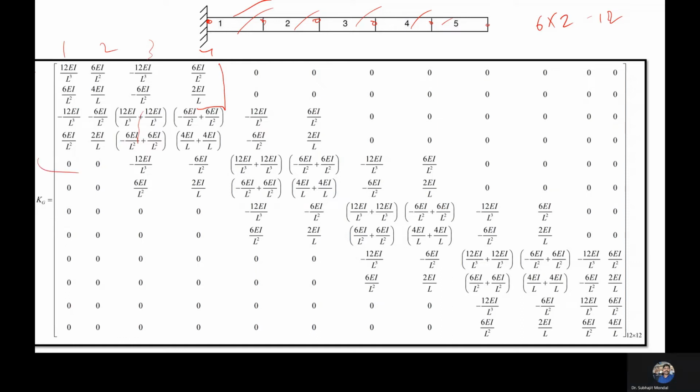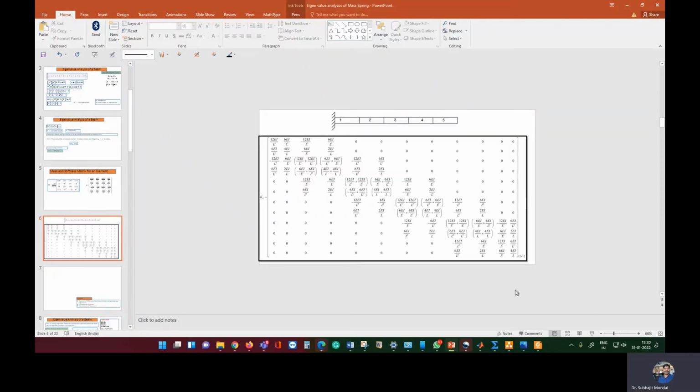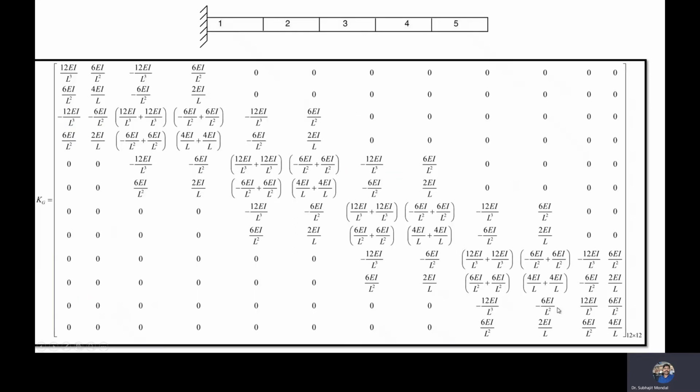Since node number 2 is the connection between elements 1 and 2, you have to see through which degrees of freedom it is connected. So here it is 1 and 2, this is your 3 and 4, and this is your 5 and 6. So you can see the 3 and 4 degrees play the role of connecting elements 1 and 2.